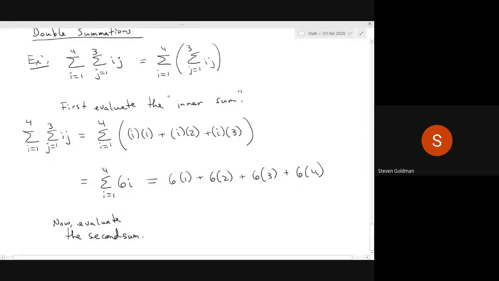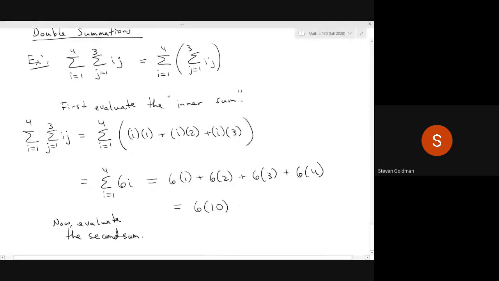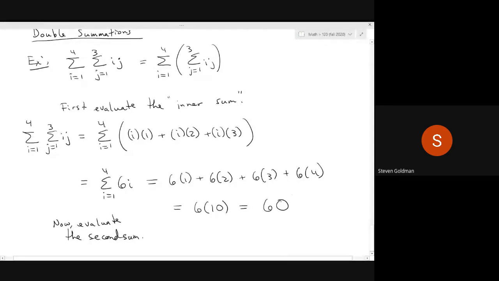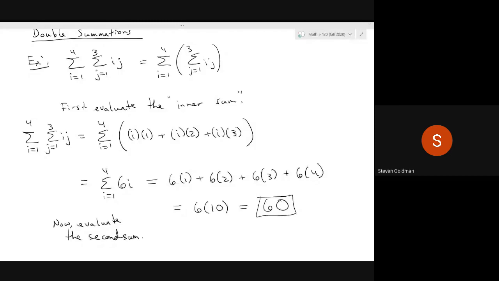Okay. 4 and 3 is 7. Plus 2 is 9. Plus 1 is 10. So that's 6 times 10, which is 60. Okay, so this sum equals 60. Any questions on that?